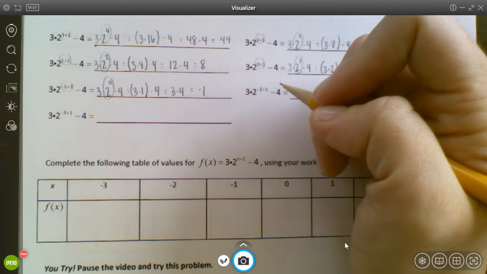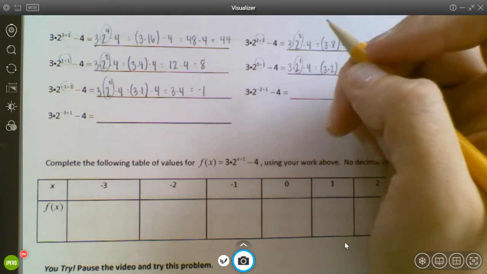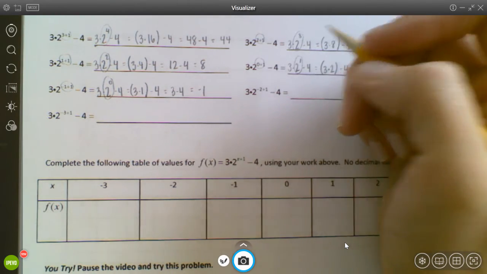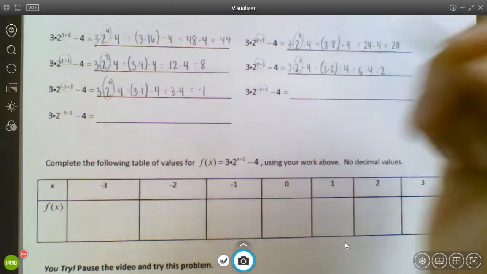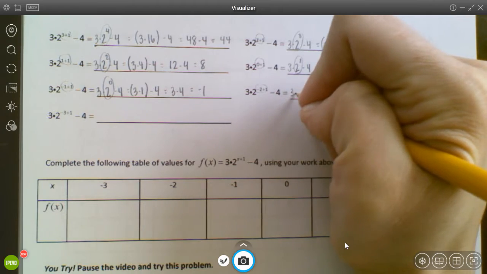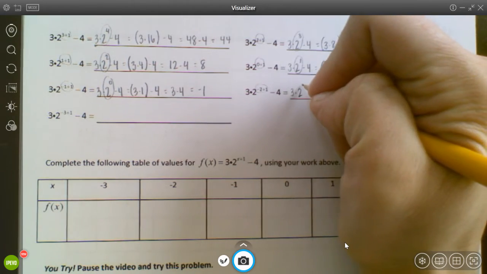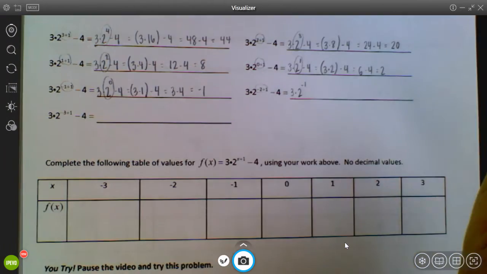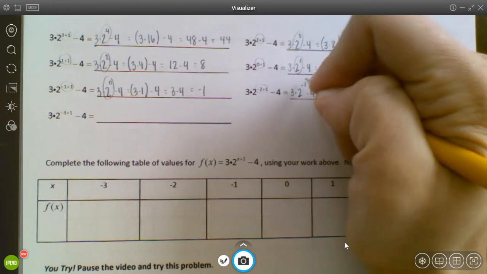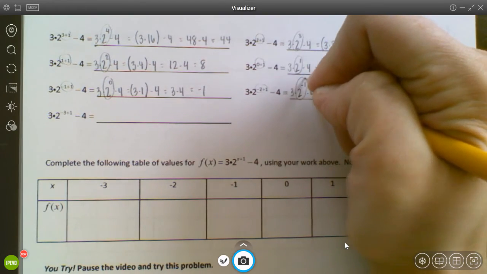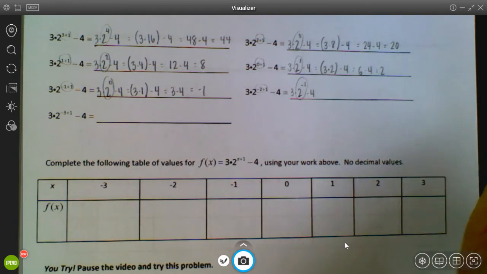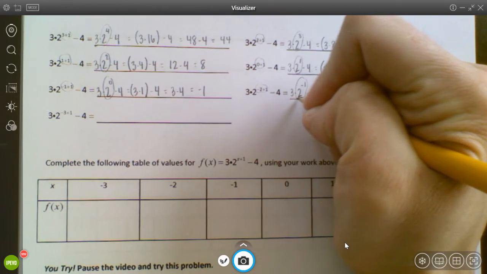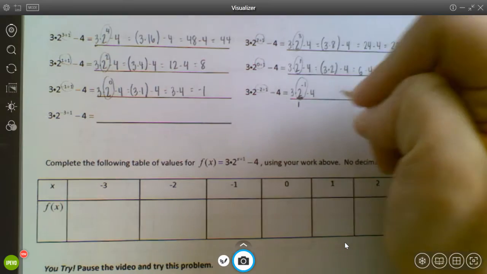All right, let's work with the next couple. So these are going to be a little bit different. So now we want to do 3 times 2 to the negative 2 plus 1. So I'll do my negative 2 plus 1 first. So 3 times 2, negative 2 plus 1 is leaving me with an exponent of negative 1, minus 4. So we're noticing now we have a negative exponent, so we're going to have to do some movement down into the denominator, because remember that we're thinking about this as being a fraction over 1.